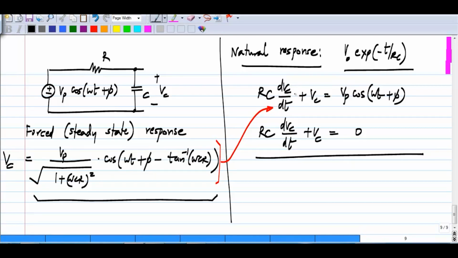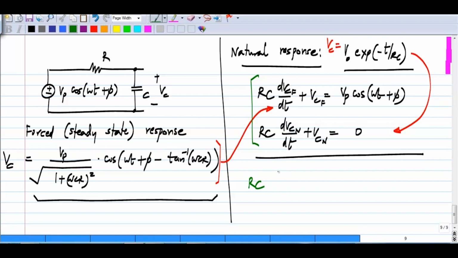Now just to differentiate between these two, let me put a subscript f denoting the forced response and n denoting the natural response. Now this function here with any value of V0 will satisfy that particular equation. Now let's say we add these two equations, and because the differential is a linear operator, we can add the arguments and so on.